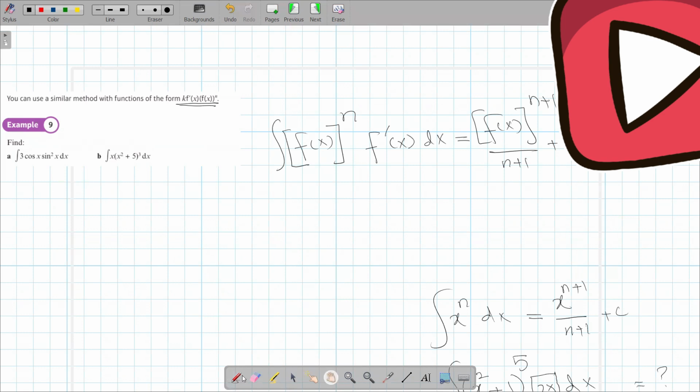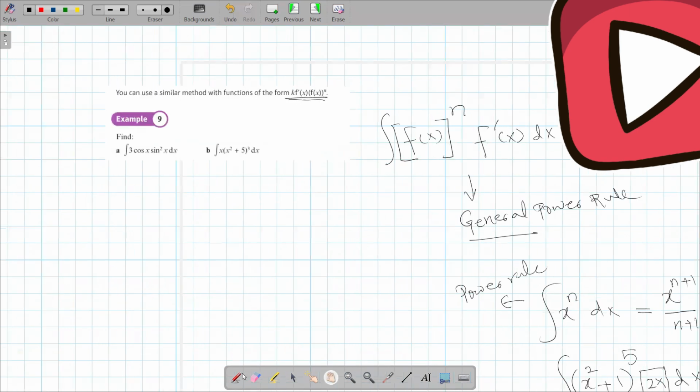You can call it the general power rule. And this formula is known as the simple power rule. This is the power rule and this is the general power rule. Okay, let's see how to apply this.